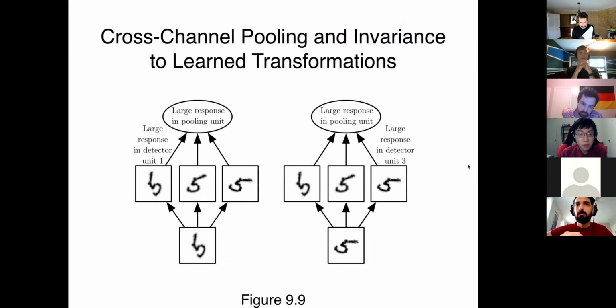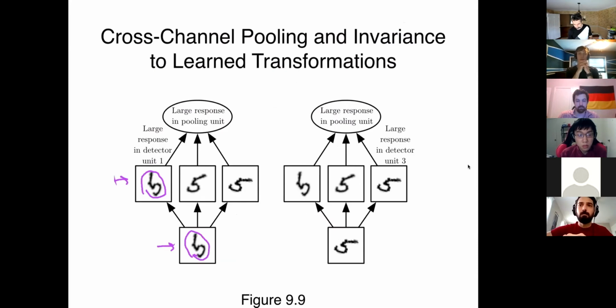So for example, here is your input, and each of these channels basically learns different things, right? Again, these are the learned channels. So if you show this image, it would activate this unit, because it's more aligned to the left.